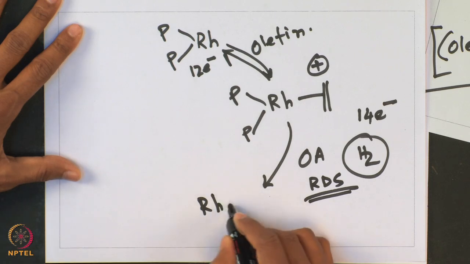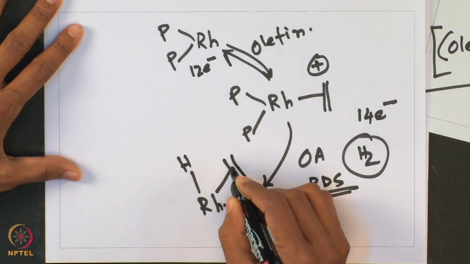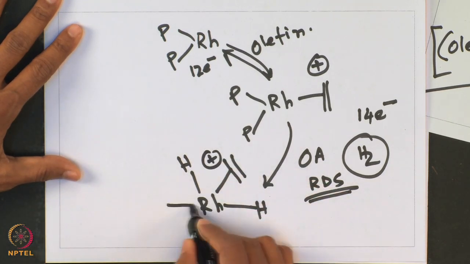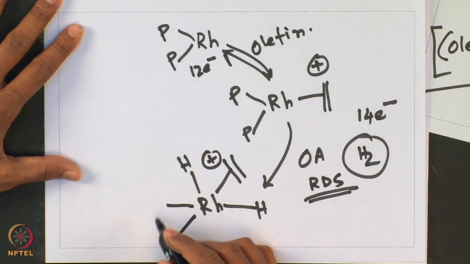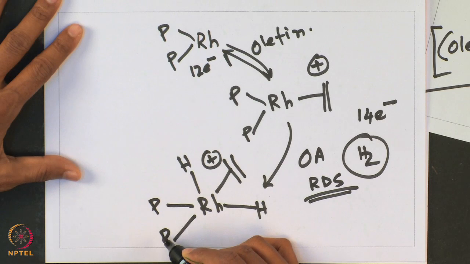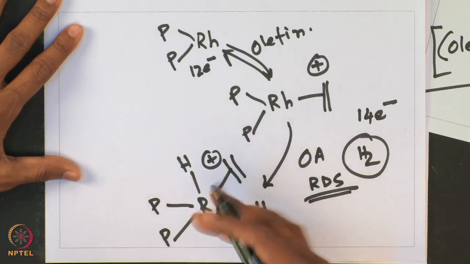We see the hydride formation, dihydride formation. These are dihydride catalysts. It is not the monohydride catalyst which we see in other cases, where a metal monohydride species is usually taken in commercial form and the catalytic cycle starts from there.